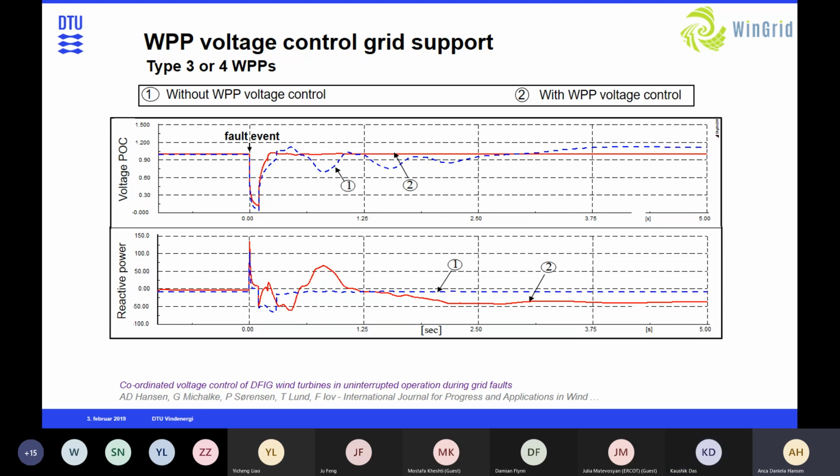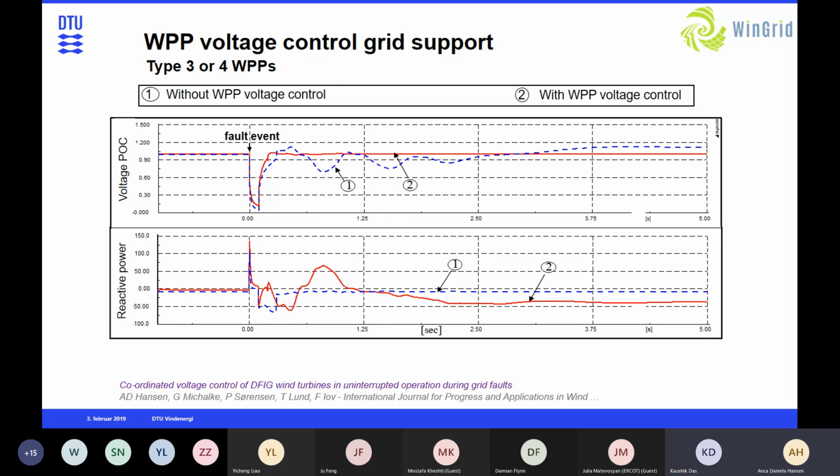The grid voltage oscillates and stabilizes at a higher voltage level, and this is due to the fact that some of the old-fashioned turbines, the Type 1 turbines, were disconnected, so there was a surplus of reactive power.